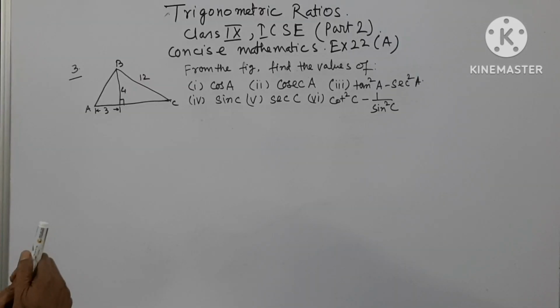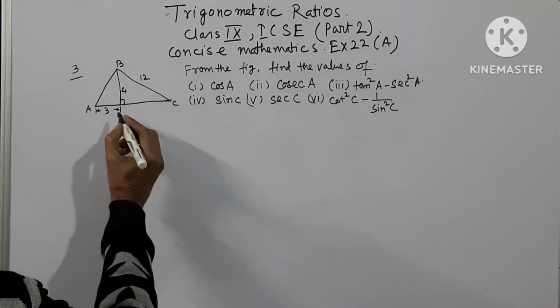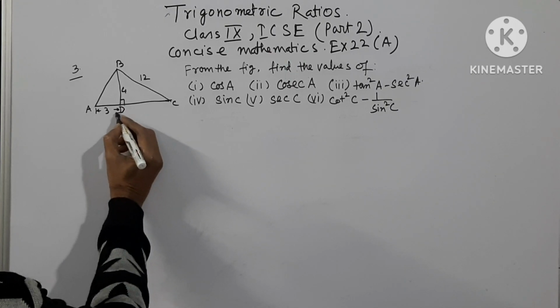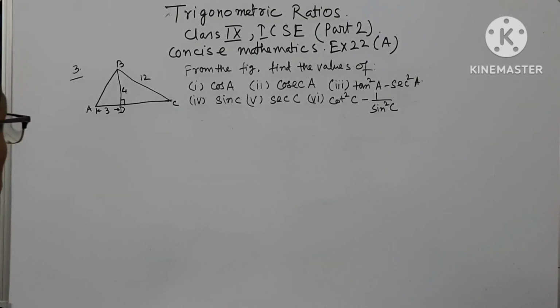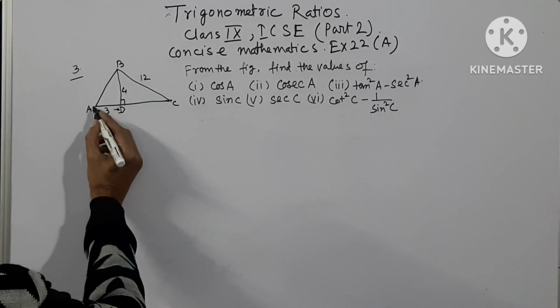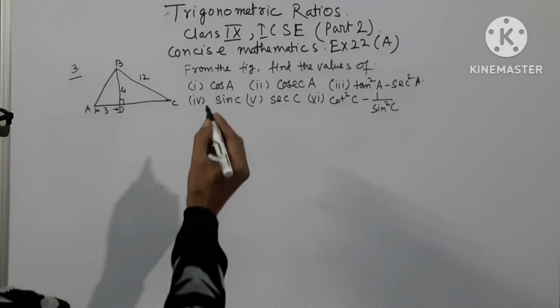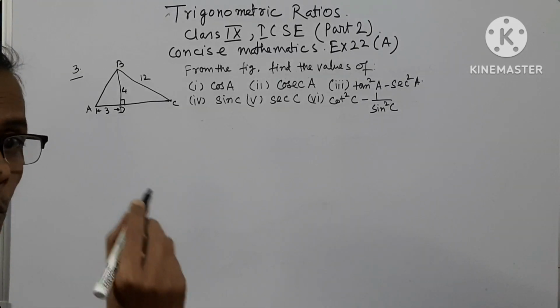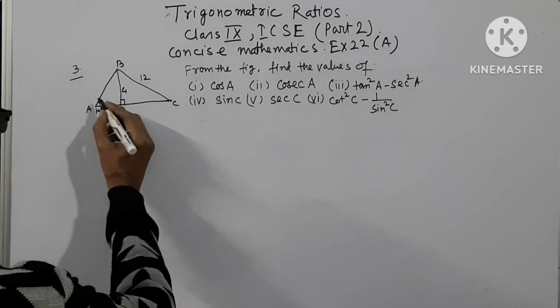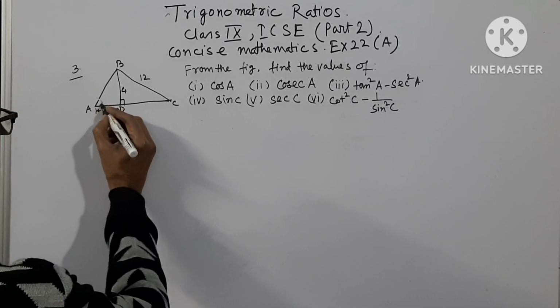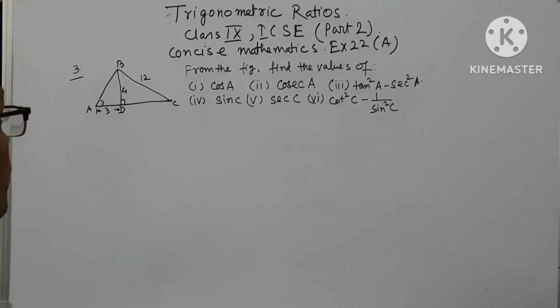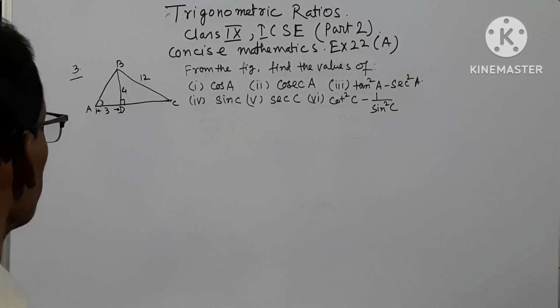BD is perpendicular, but it is not labelled, so let's label it D. And AD, this portion, is only 3 units. You have been asked cos A. You have to identify cos A and this A is part of which right angle triangle.